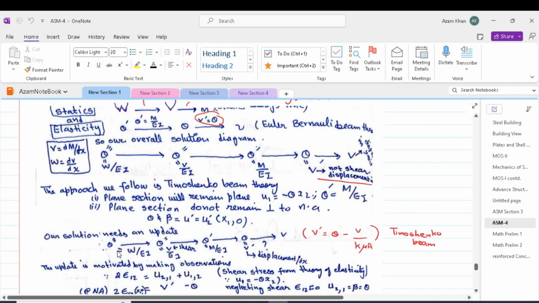Let's remind ourselves of this solution diagram.